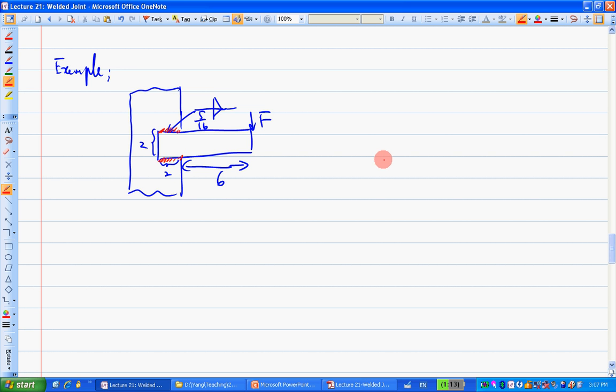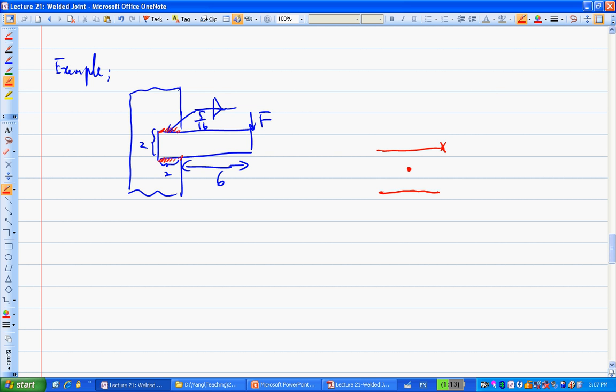In other words, you can draw 2 lines like this to indicate the weld group. And as in the example we showed, for this centroid, the critical location will be right here.